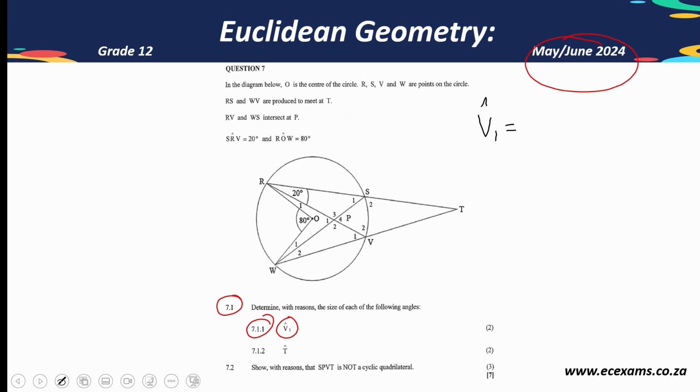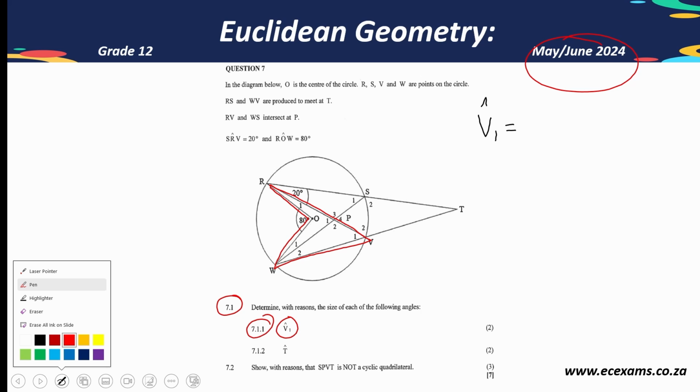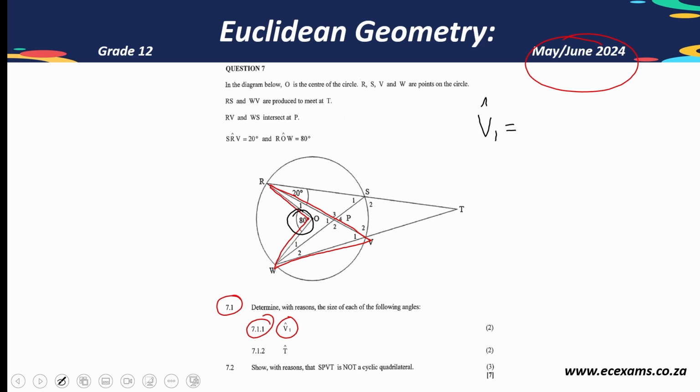So here we go. Very important. Look how we write angle V1. Angle at the top, V1, little subscript 1 at the bottom, equals 2. We said that we had the arrow theorem. And the arrow theorem said to me that the angle at the center of the circle is 2 times the angle at the circumference.